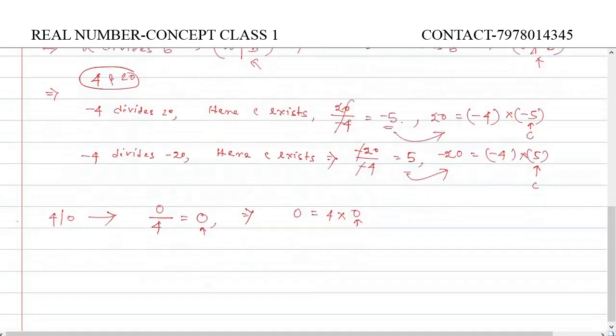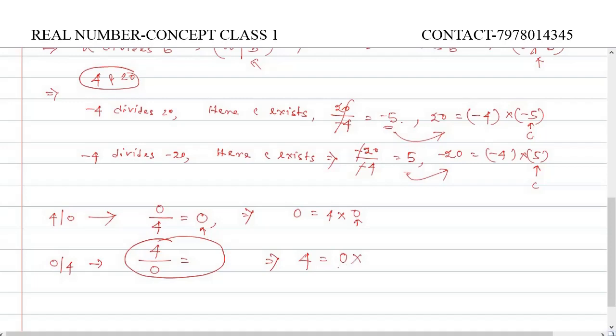But if you reverse this, 0 divides 4, that means 4 by 0. Is this statement true? Does c exist? Let us see. Here b is equal to 4, a is equal to 0. Can you multiply any number with 0 so that the answer is 4? No, we cannot multiply any number with 0 to get answer 4. So that means here c does not exist.